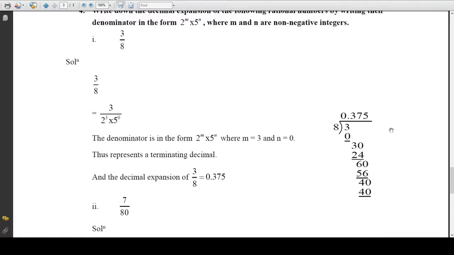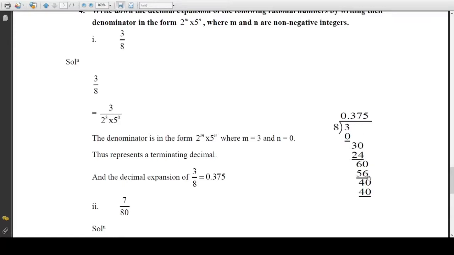Okay, now 3 divided by 8. 8 goes into 3 with 0 is 0. Then you go decimal, you drop down 3. Then it will be 30. 8 multiply 3 is 24. Then remainder 6. Once you have gone with decimal, you will have to drop down 0. That is 60. 8 times 7 is 56.